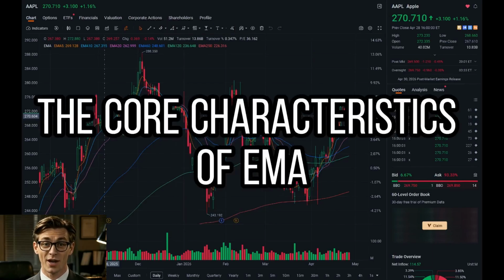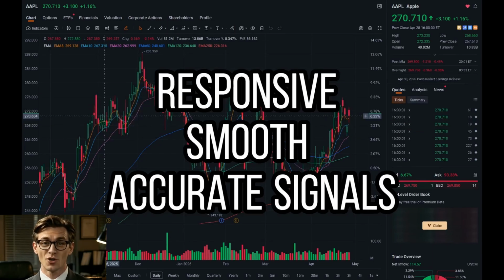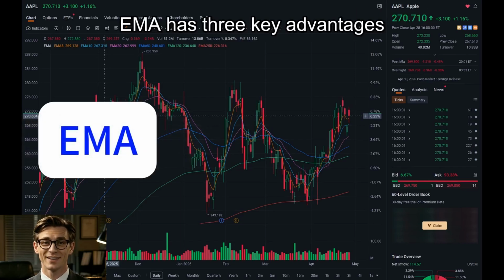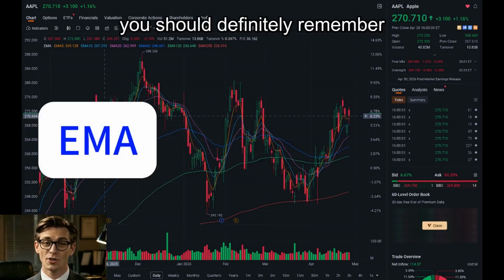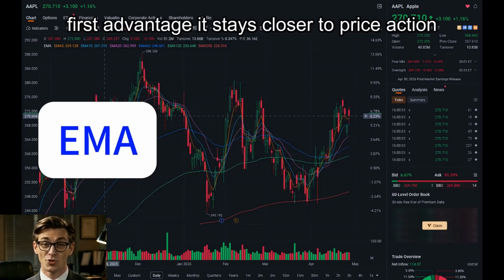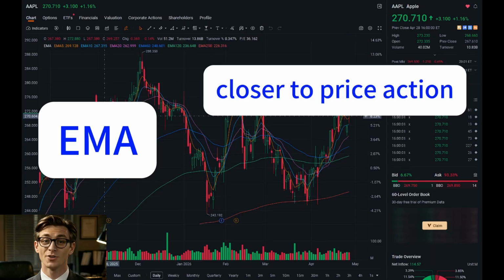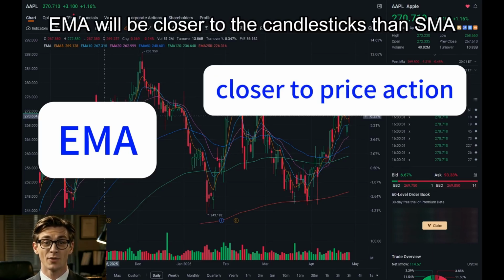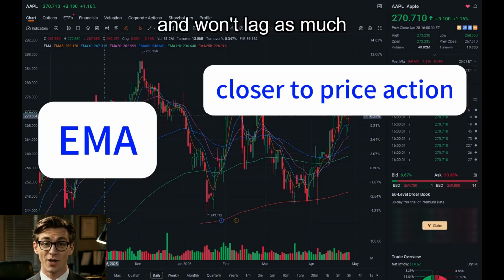The core characteristics of EMA: responsive, smooth, and accurate signals. Because of this heavier weighting on recent prices, EMA has 3 key advantages you should definitely remember. First advantage, it stays closer to price action. With the same parameter, like 9, EMA will be closer to the candlesticks than SMA and won't lag as much.